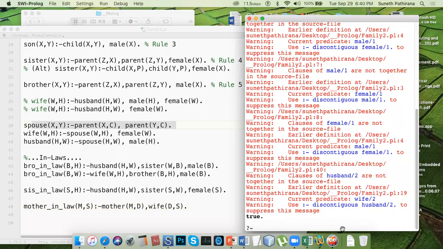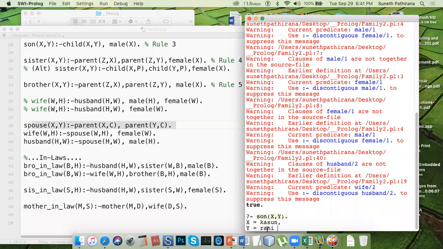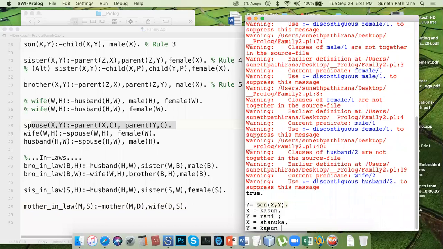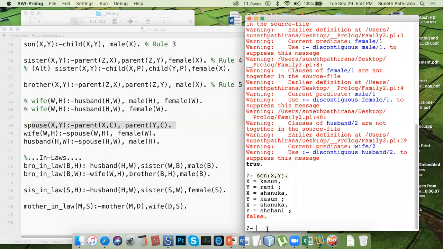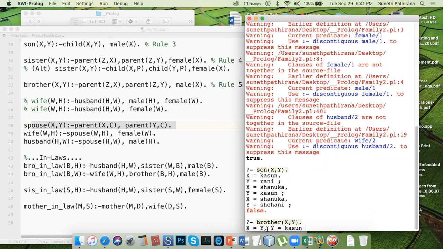So first of all, I think we couldn't test the son relationship. First of all, we test that. Kasun, Rani, Sanuka, Kasun, Shehani, that works. Okay, there are 3 existing couples and brother, x and y.